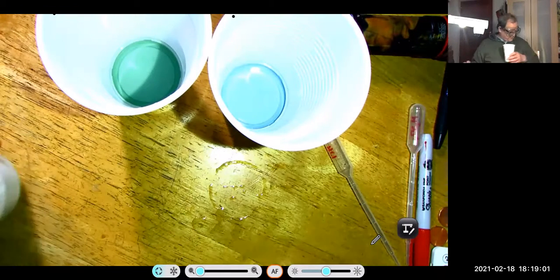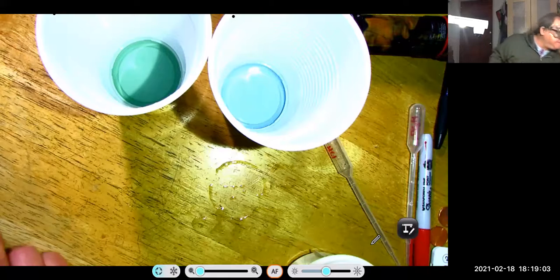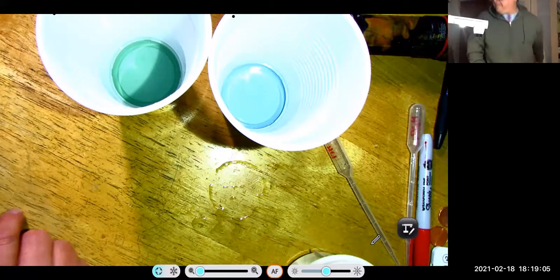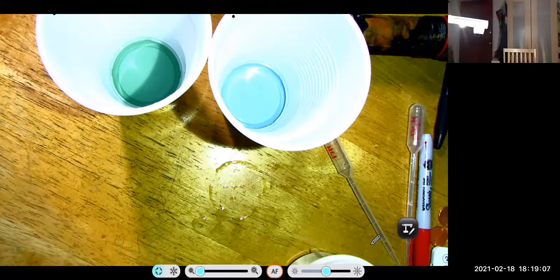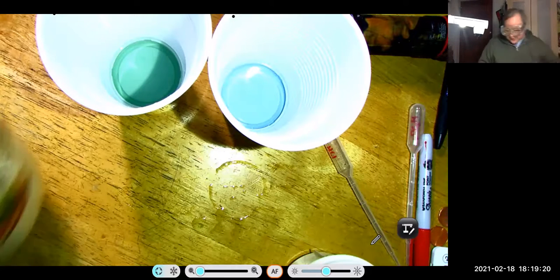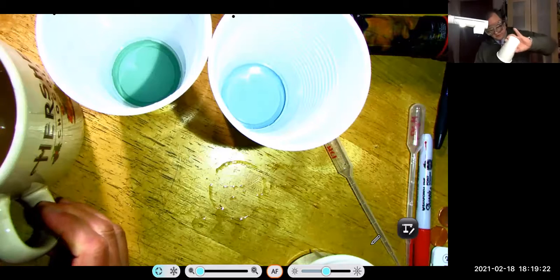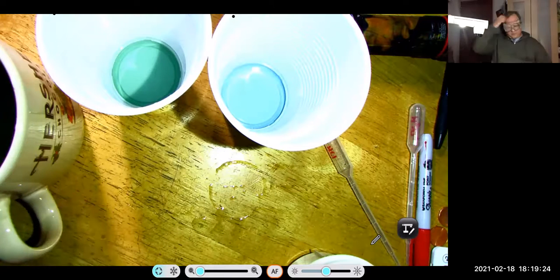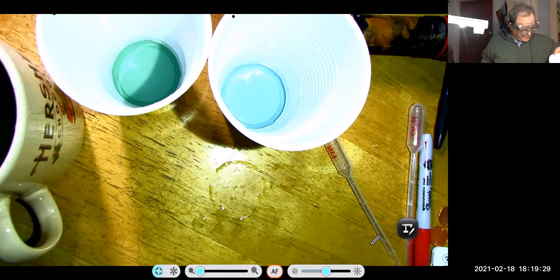So now I need another container, hang on. So I need a container to put my used stuff into. And I'm going to go back to having just a little bit in this cup.